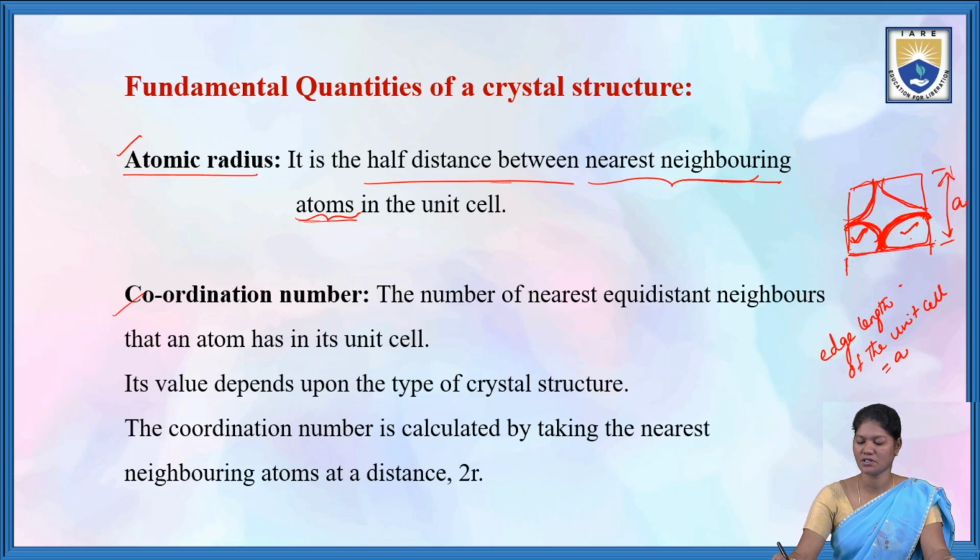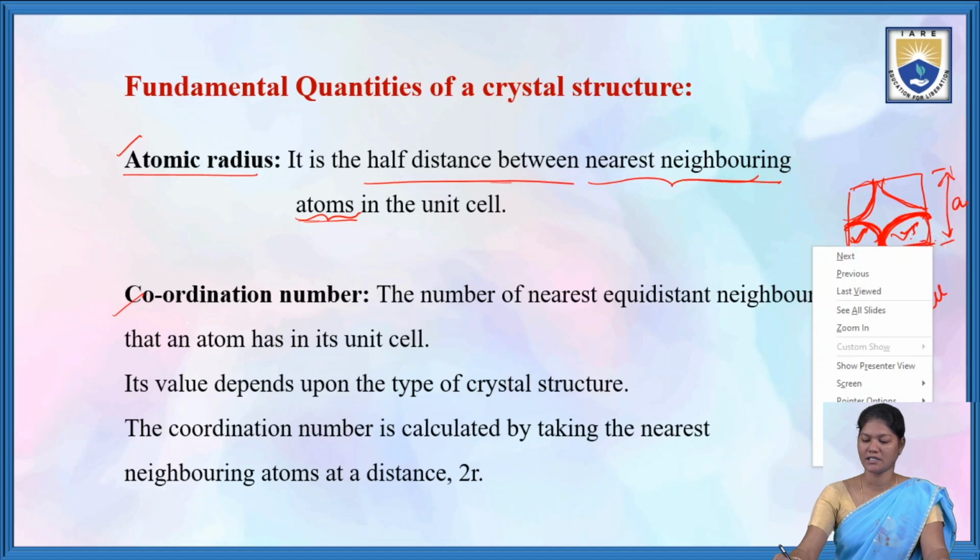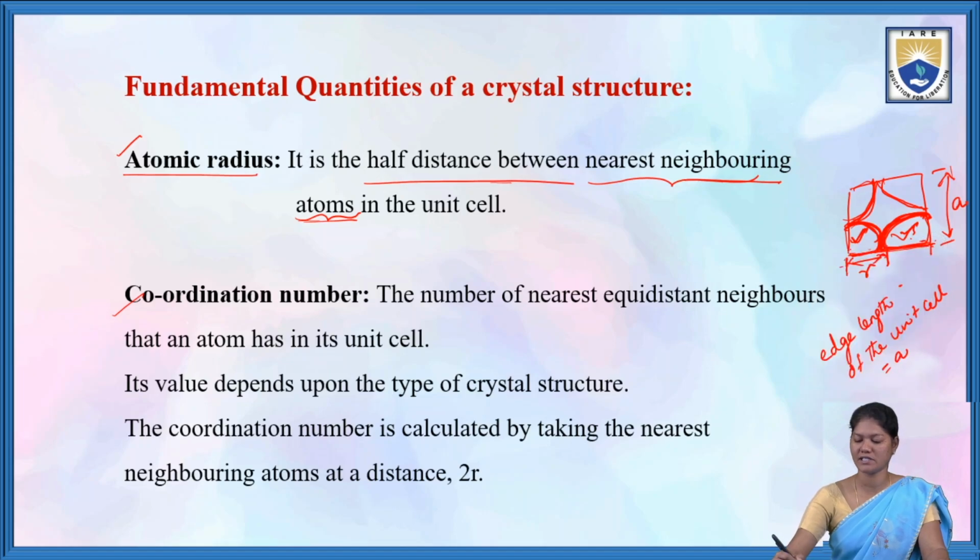Half the distance to the nearest neighboring atom is from here to here. So this is the atomic radius: half the distance between nearest neighboring atoms in the unit cell. Or else here also we can take from here to here; the radius is r.